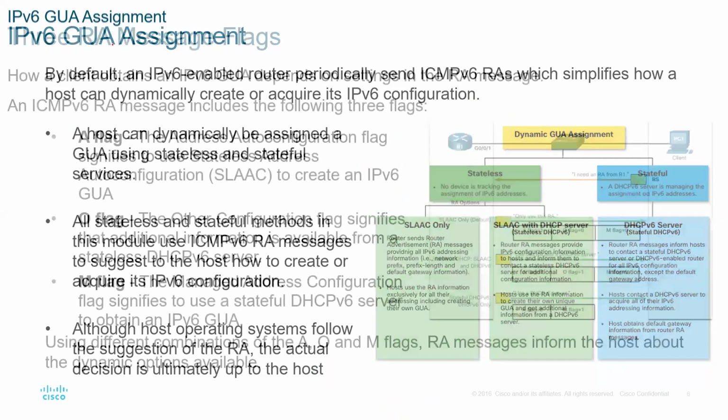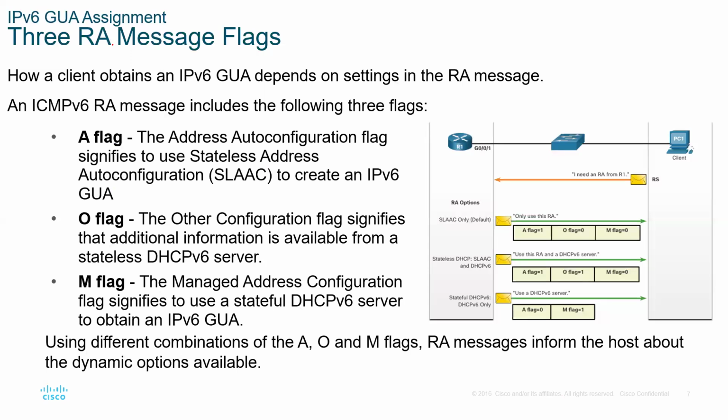Right. Three RA message flags. So I discussed the issue to do with the RA message having information on how a client is supposed to configure its IPv6 address. If I take a look at this example, this is our client and this is our server.